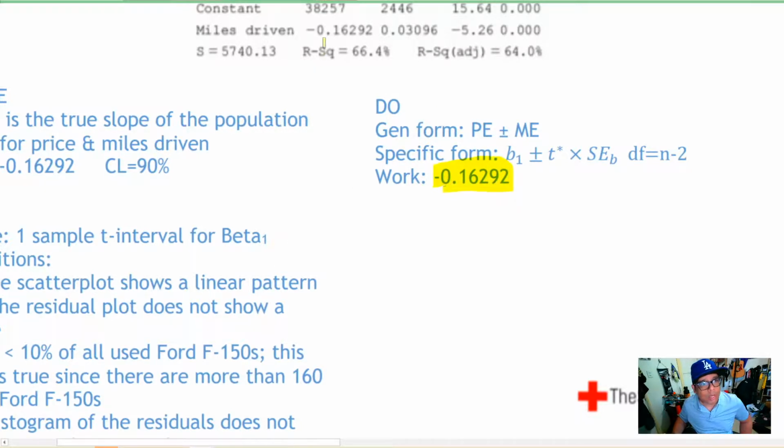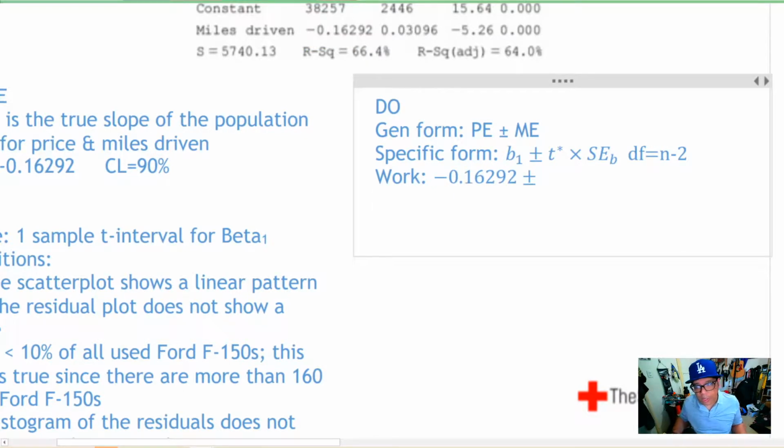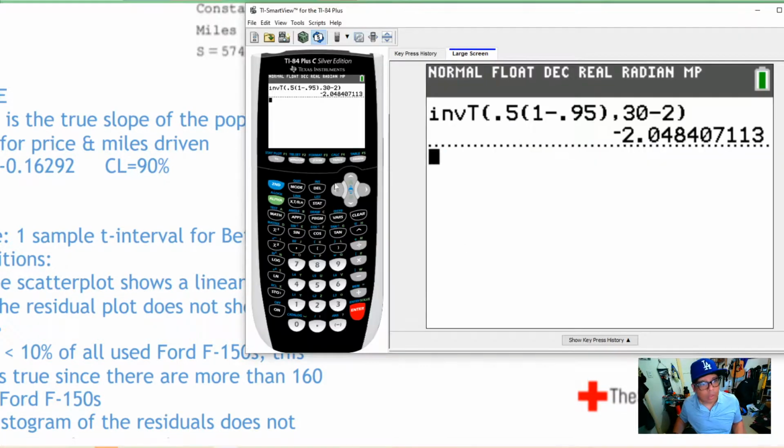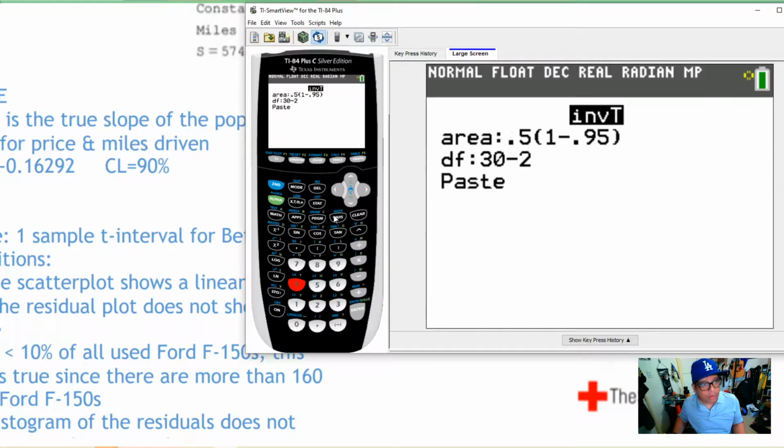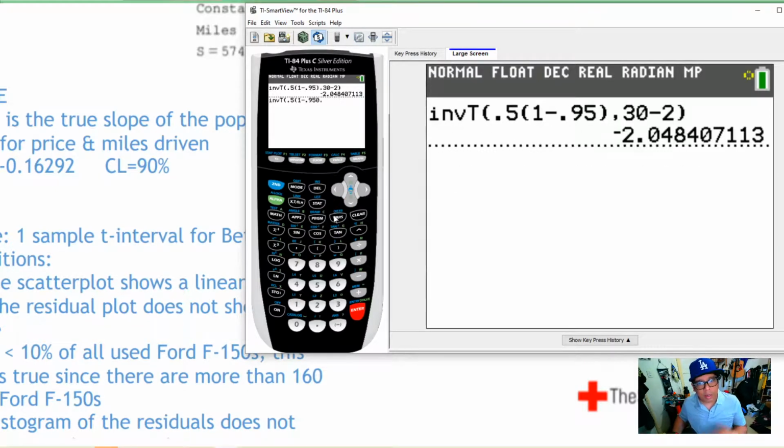That's our B1, and it comes from our chart right there. Next, we'll need a t star, so let's grab our calculator and go back to our inverse t. We need a 90% confidence interval this time, so we'll change this to 0.05, 1 minus 0.90. We only have 16 coordinate pairs, so our df is going to be 16 minus 2.